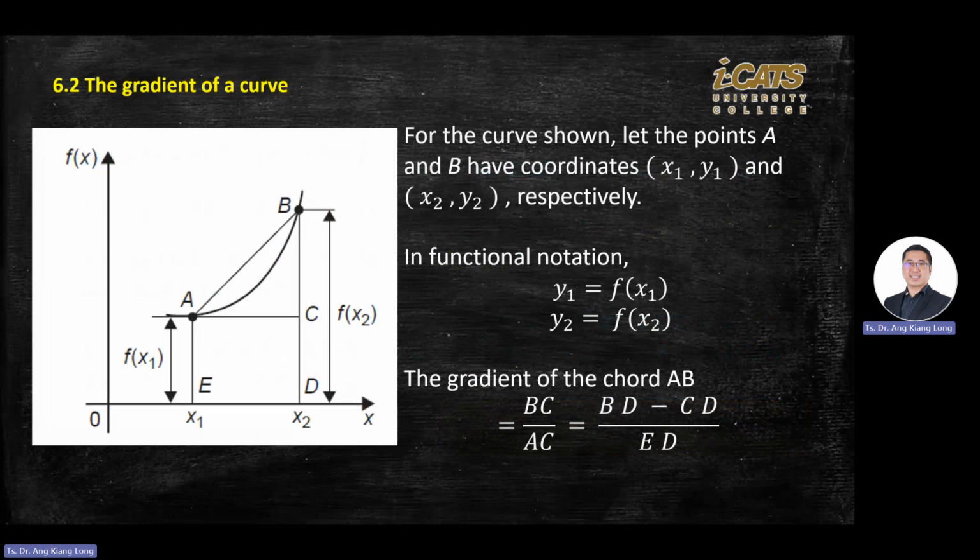It's x2 minus x1, or the distance ED. This is quite basic. As we go deeper, you need to write in functional notation: f bracket x2 minus f bracket x1, divided by x2 minus x1.